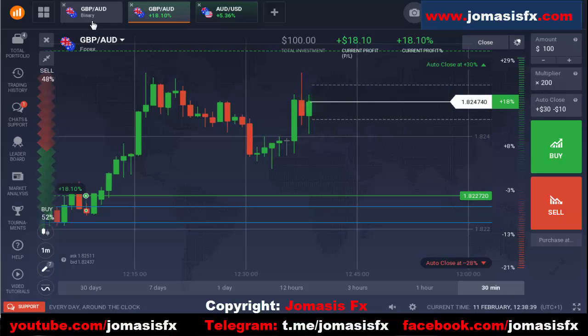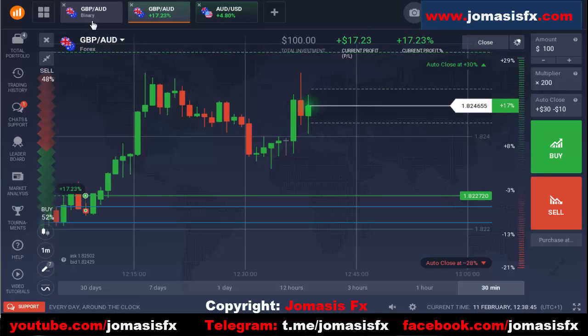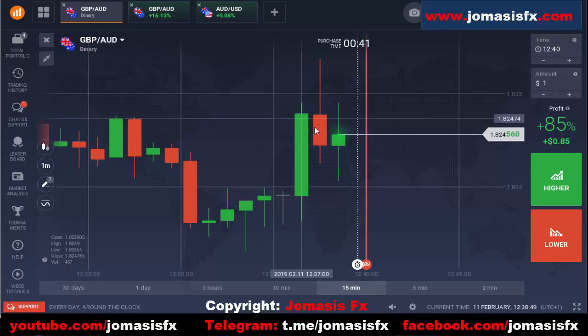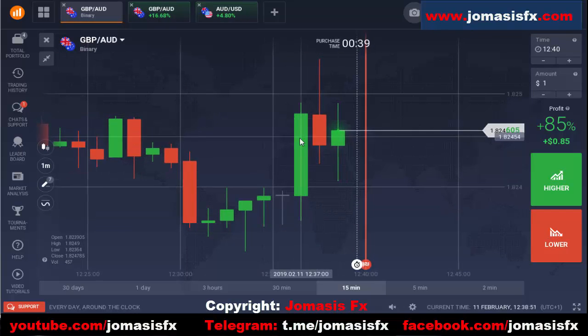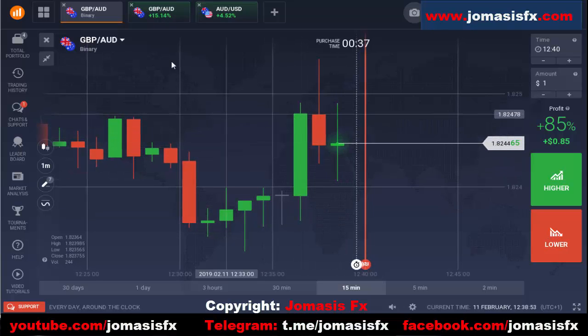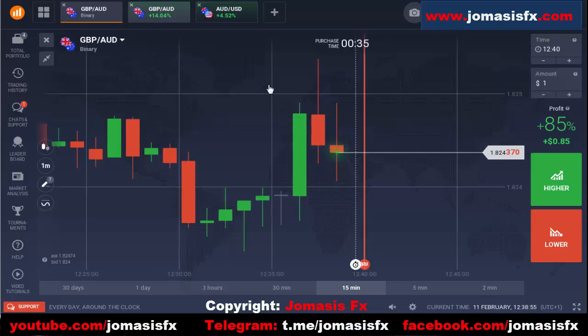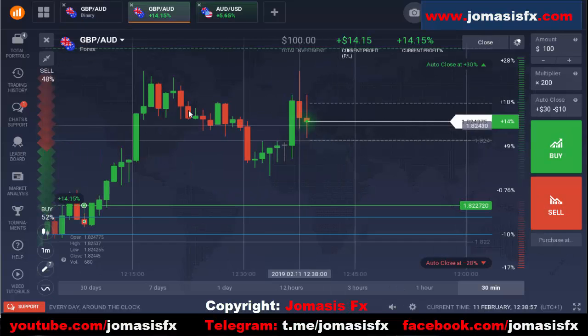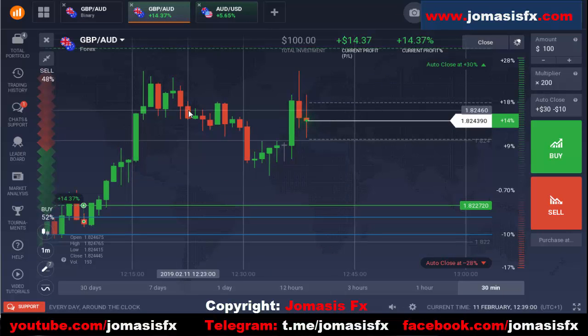It's the same thing, because the formation is the same, so nothing is different when the market is running. As you can see here, we have a very long green candle here, and this one, and this. If you go to forex, the same thing applies. This is one of the similarities.